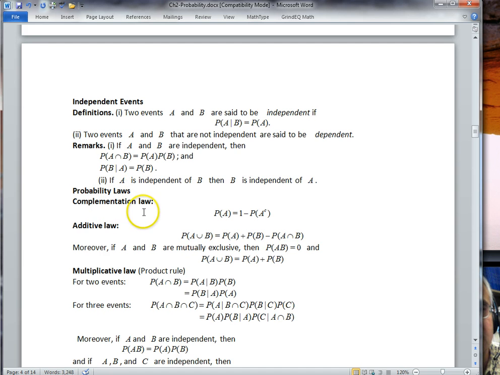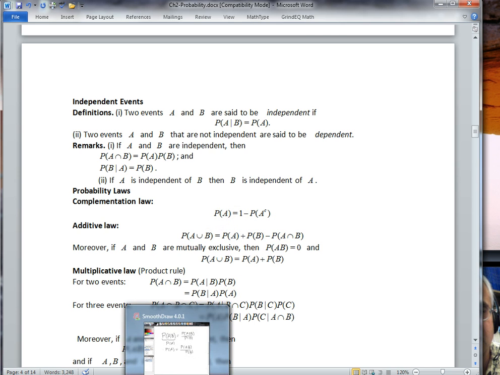Probability laws. The first one is called the complementation rule, which means the probability of A is 1 minus the probability of A complement. And again, I want to show you that graphically.